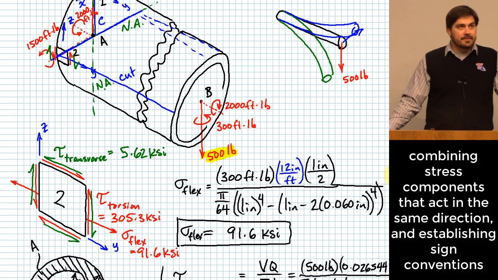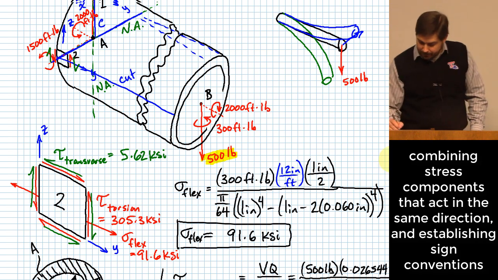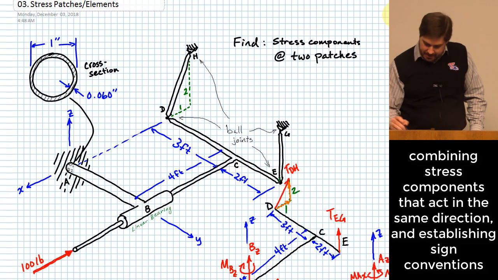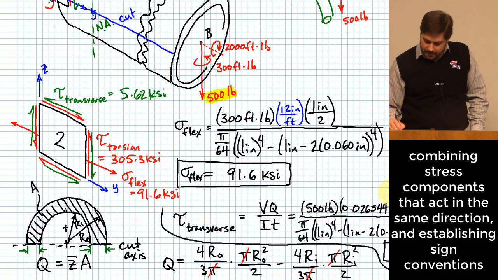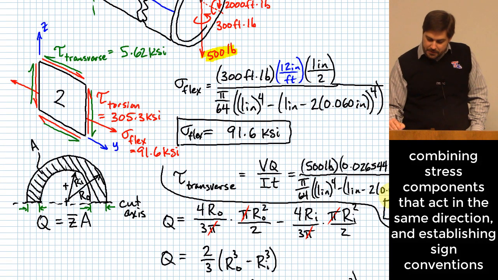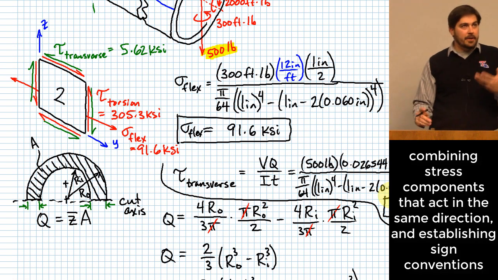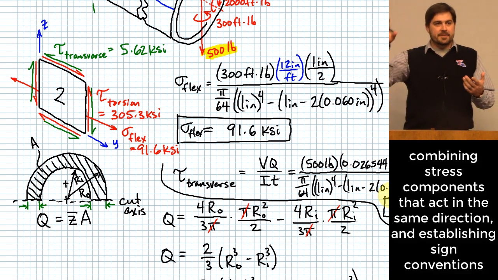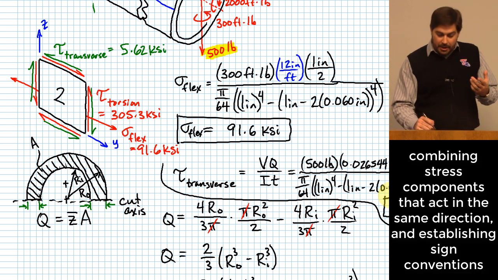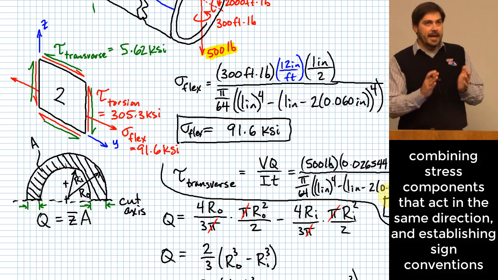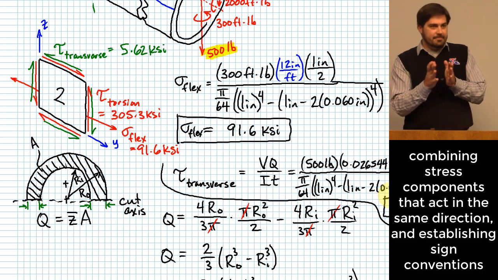All right, so we're actually almost there. I have one last little thing that I want, because you might remember what we're trying to find here is the stress components on the two patches. Okay, whenever you're reporting these, or if you're about to use them in a failure criteria, which is the next phase of the class we're going to get into eventually, you're going to need to combine ones that act in the same direction, right, in the same general direction.